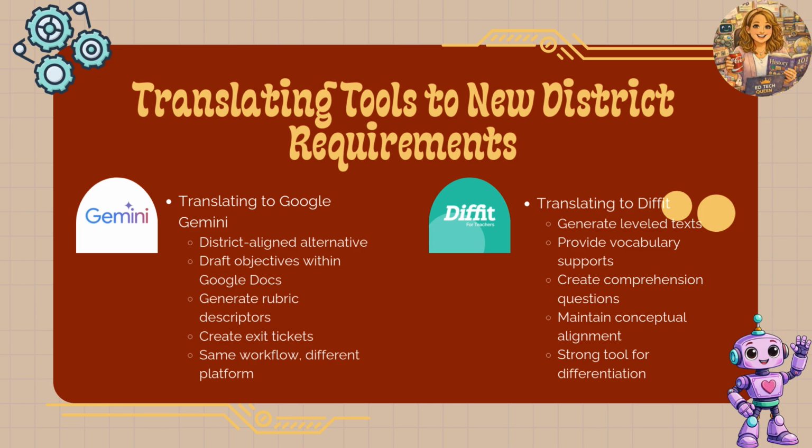This program would be great for that, to help make sure that my students get all the information they need from credible sources, but at a level that they understand. Again, the workflow though stays the same, just the platform shifts.